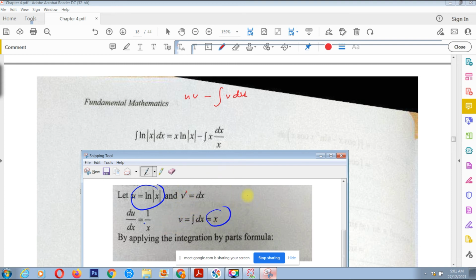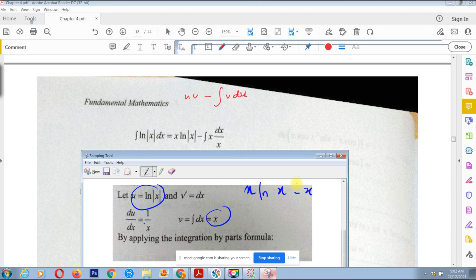So it's easier to put x ln x. And then v, what is v? v is x. We copy again, minus v, actually x.